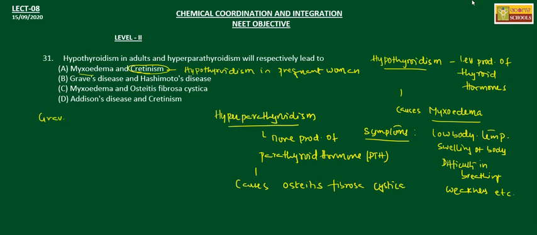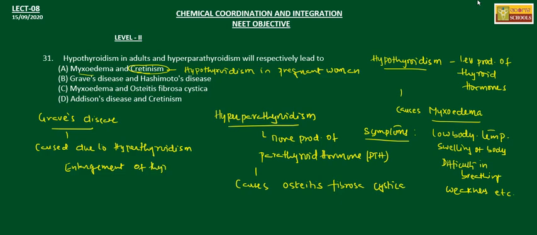Graves' disease is caused due to hyperthyroidism, and it is characterized by enlargement of the thyroid gland.